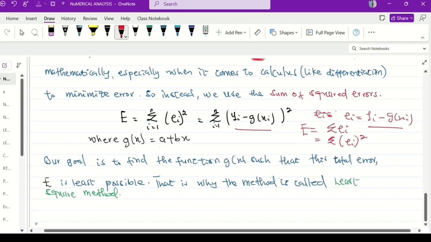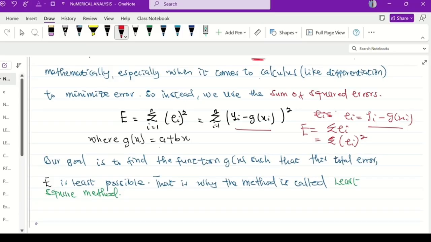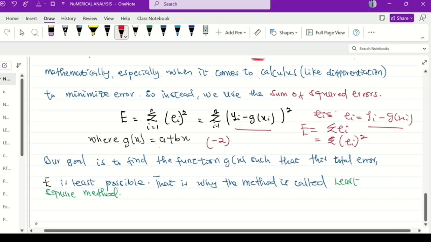So in our practical example about the temperature, if you bring that result here, taking the sum of squared errors, you're going to get negative 2 all squared plus 2 squared, which is going to give us 4 plus 4, which is 8.